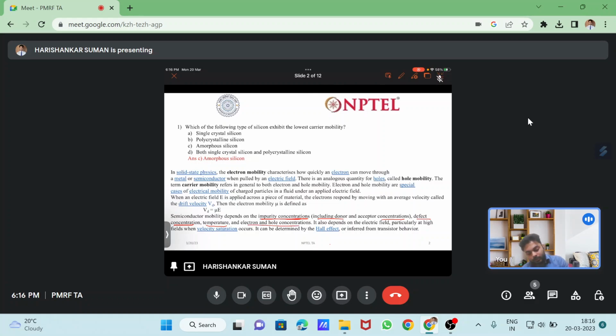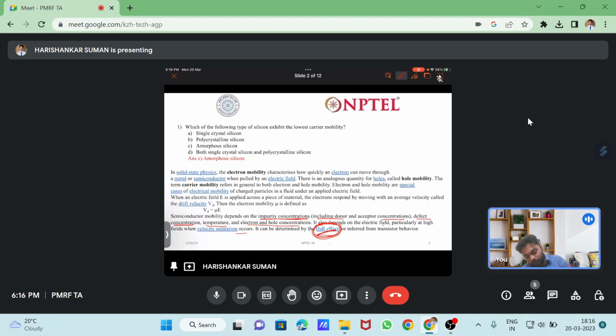It also depends on the electric field, particularly at high field when velocity saturation occurs. It can be determined from the Hall effect experiment, or from transistor behavior.